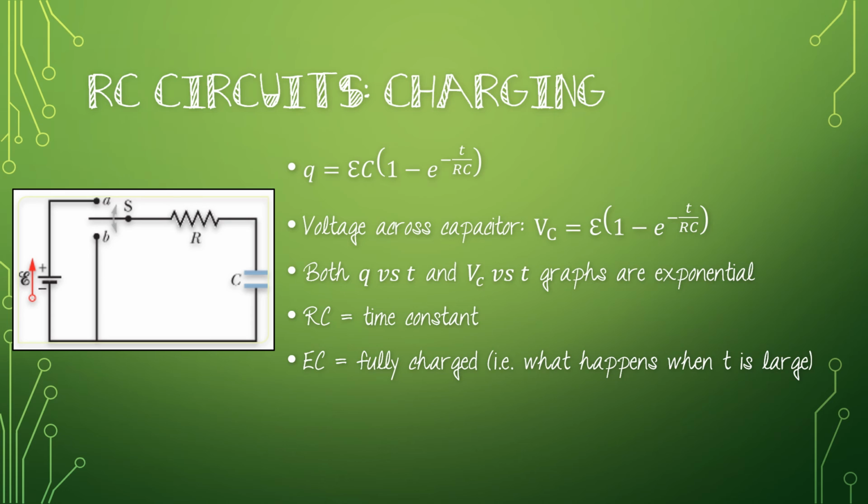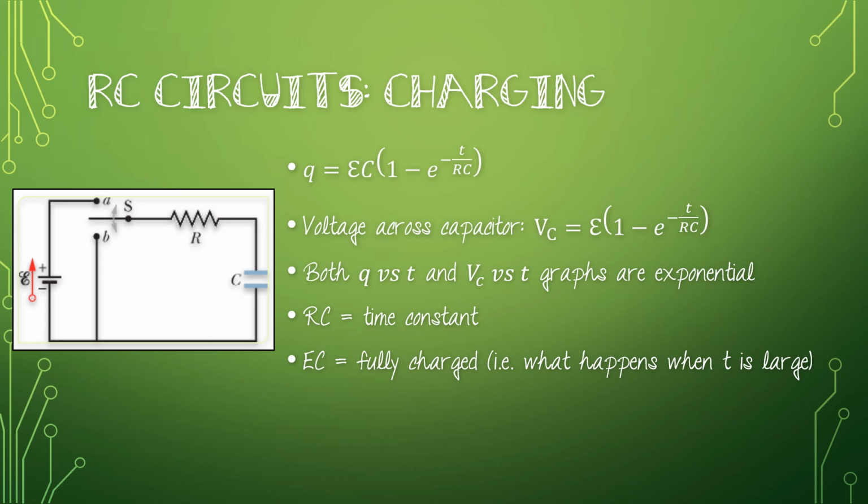Also, when we're thinking about what happens when time is really, really large, we end up basically getting E times C, because if you think of making that t in that equation really big, e to the negative really big number is basically going to be 0. So that charge in the capacitor is equal to the EMF of the battery times the capacitance.